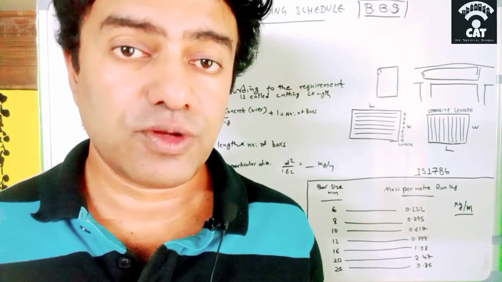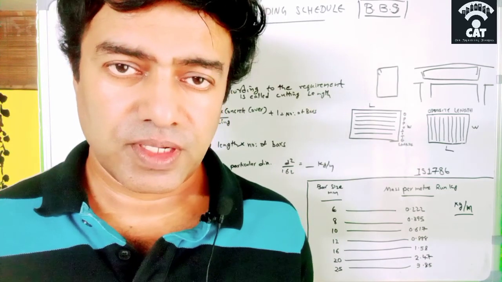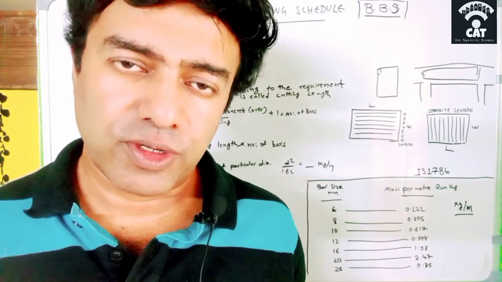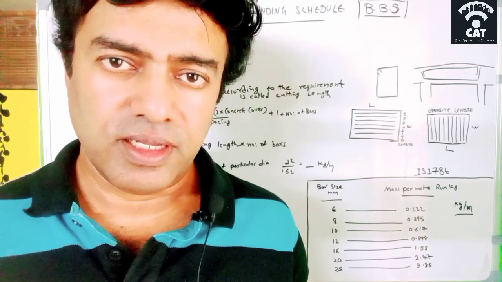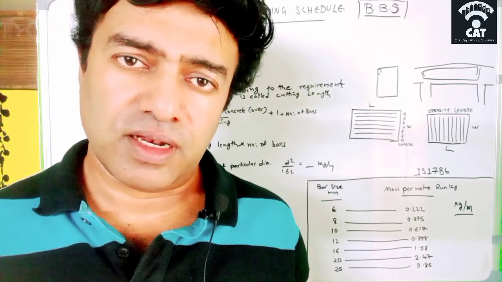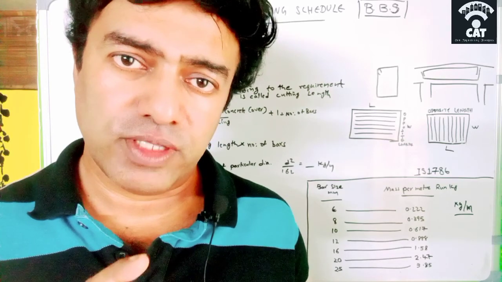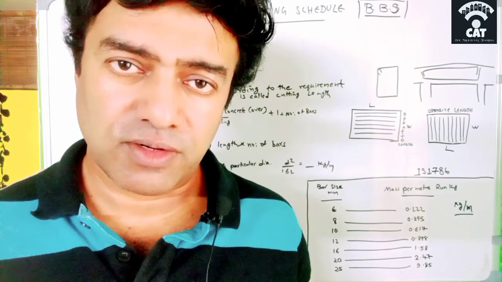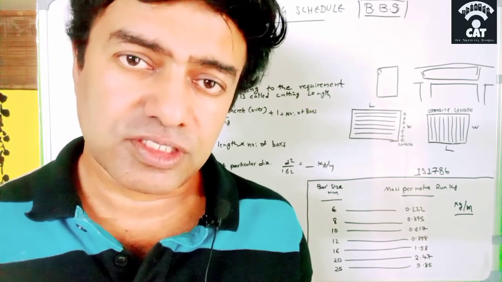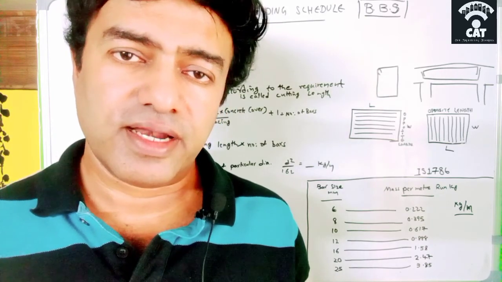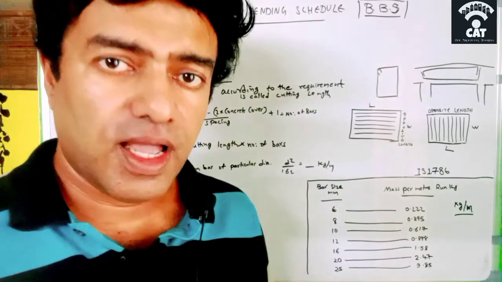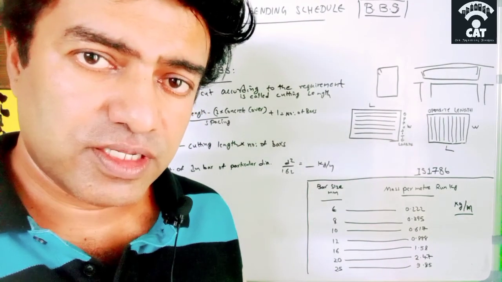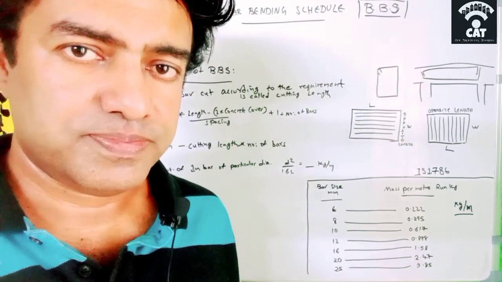We need to get the cutting length first, and then the number of bars. Apart from the cutting length, we can use formulas for all the other items. The 5 items are: cutting length, number of bars, total cutting length, unit weight, and total weight.